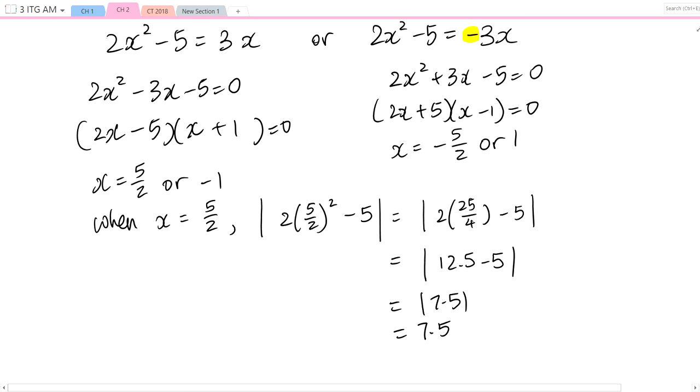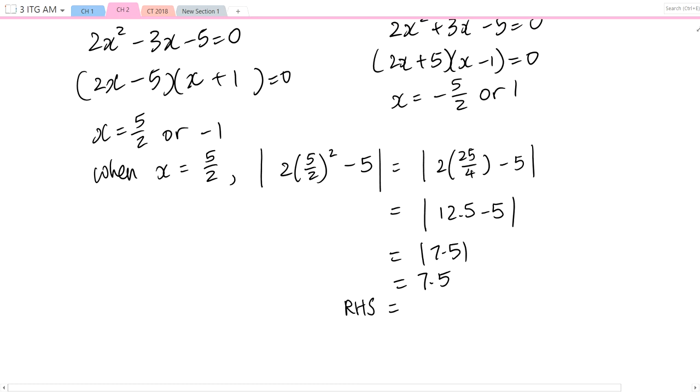And on the right hand side, when you substitute 5 over 2, we get 3 times 5 over 2, which is again 15 over 2, 7.5. So equals the left hand side. Okay, so we see that x equals 5 over 2 is valid.